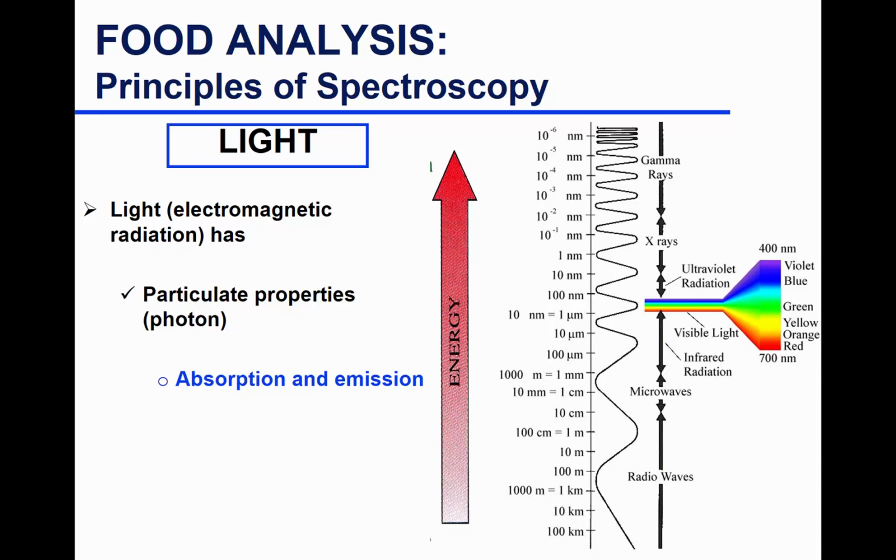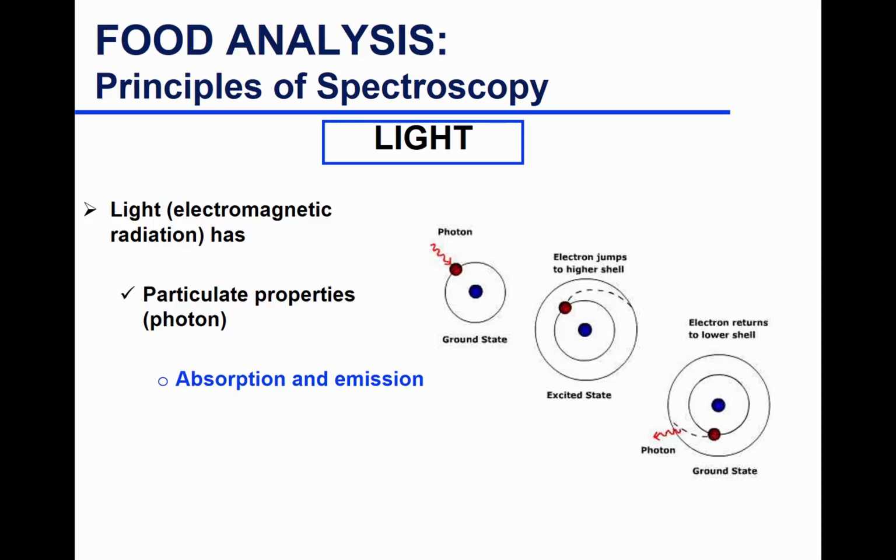So for the particulate property, the photon is either absorbed or emitted. That's what we measure, absorption or emission of photons of light. So you have the ground state, and then a photon hits an atom, a valence electron on an atom. That electron is going to go to a higher orbit or a higher shell.